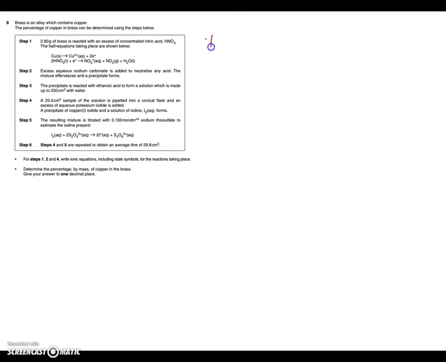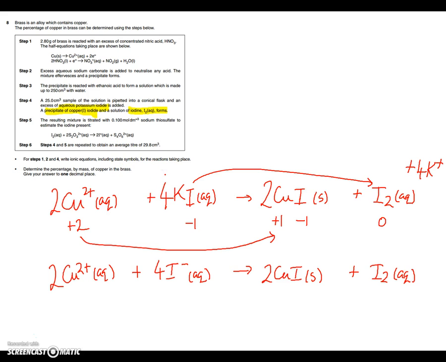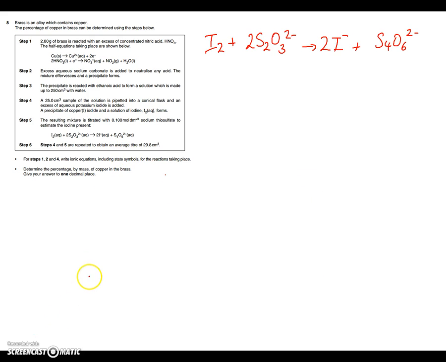So we've got iodine reacting with thiosulfate, S2O3 2-, becoming iodides and S4O6 2-, and then our previous equation, which we worked out on the previous page, is one we want.